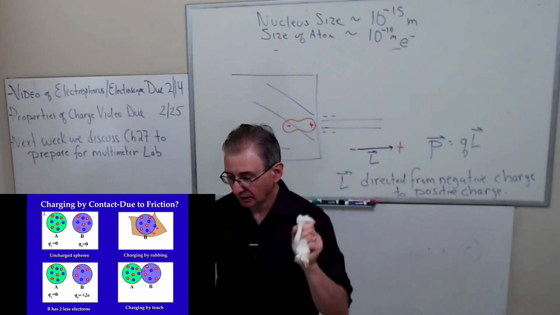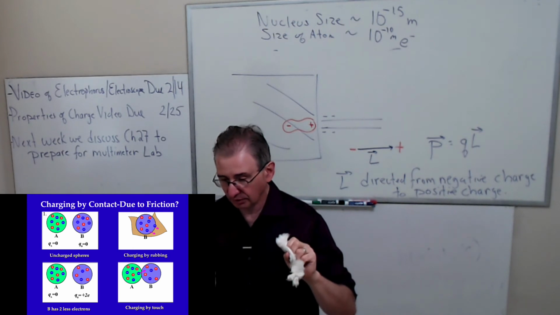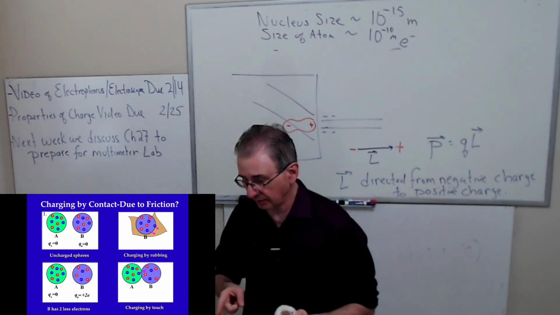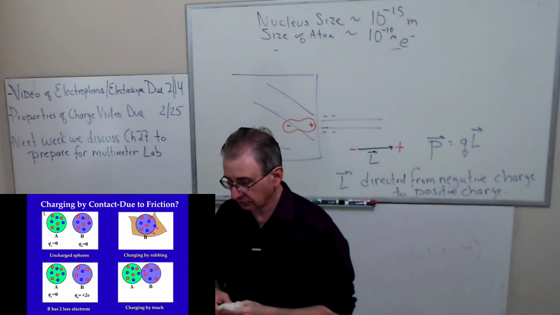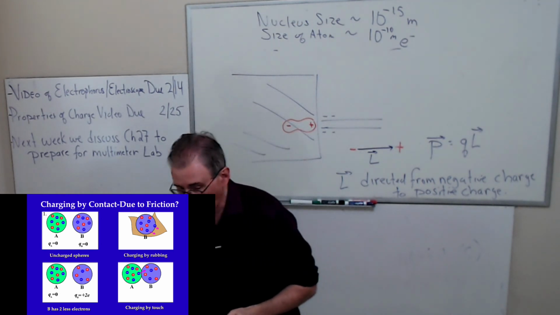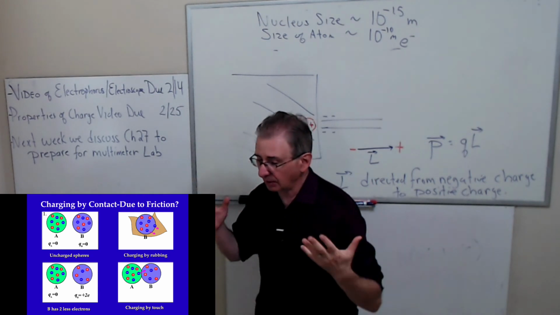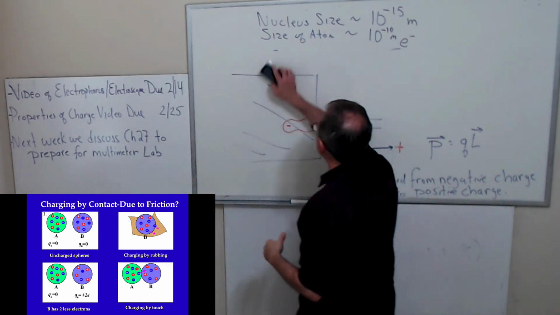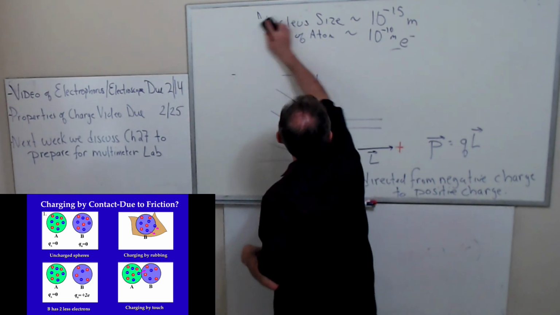The reason why charge is being transferred is because the two materials have opposite electrical properties. One likes to pick up the electrons, the other one likes to give them off. In fact, people have done experiments over the years, and they've come up with something called a triboelectric series.